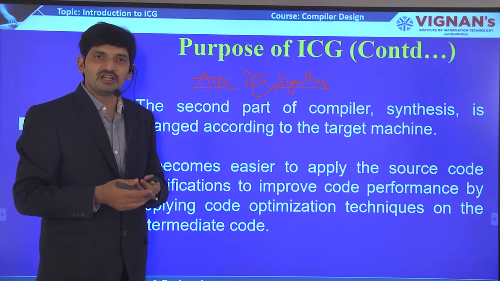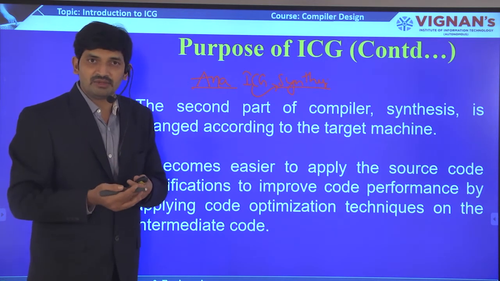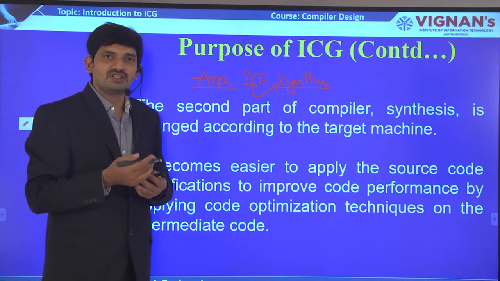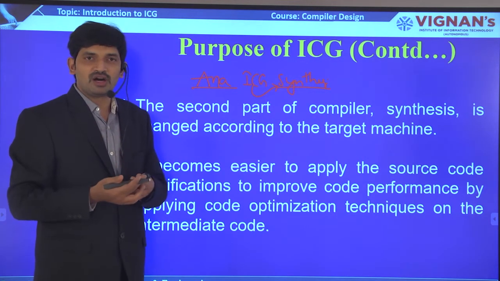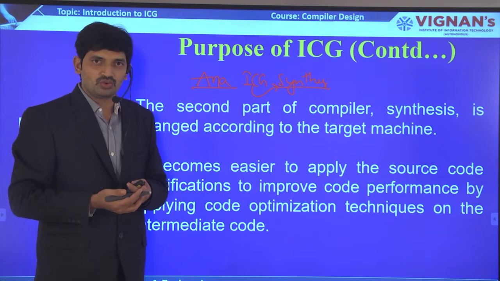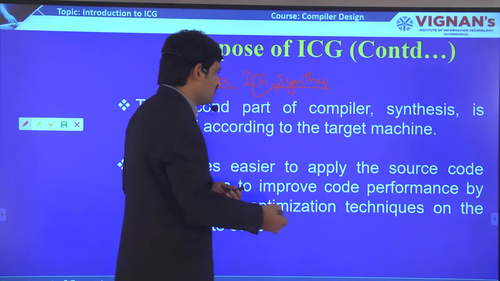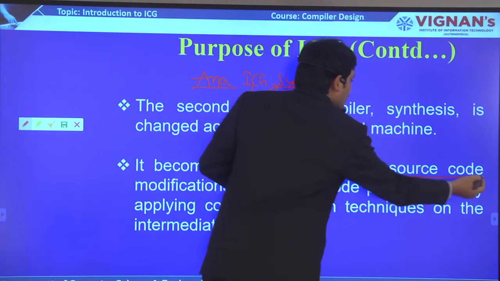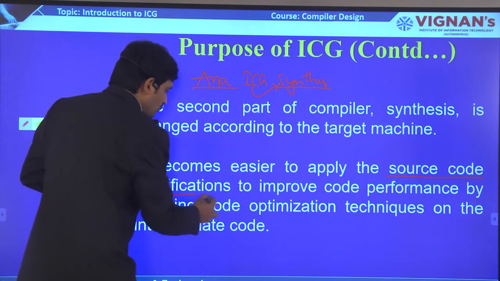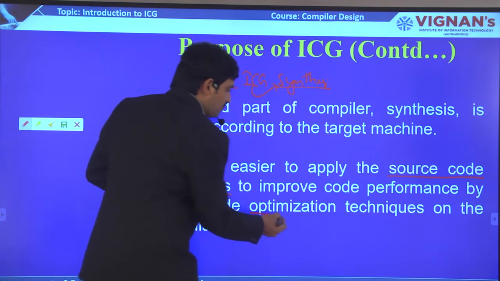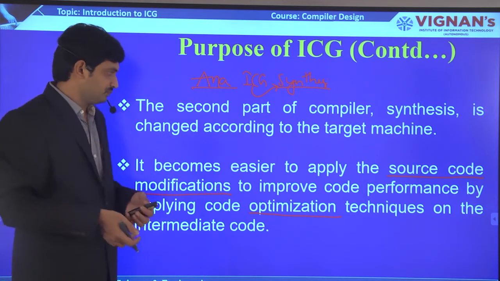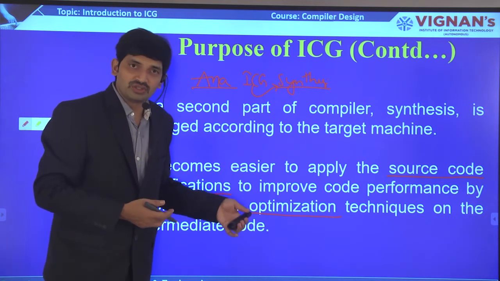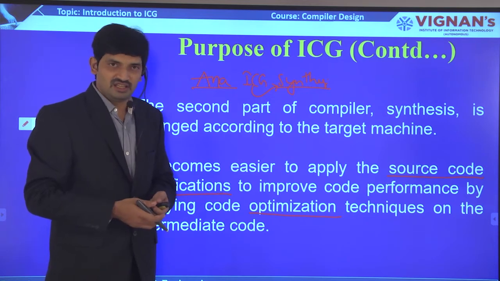And the intermediate code generator generates the intermediate code by which we can apply various types of optimizations to optimize the given source code. So it is easy to apply modifications to the source code, so that optimization is easy in the target machine code.